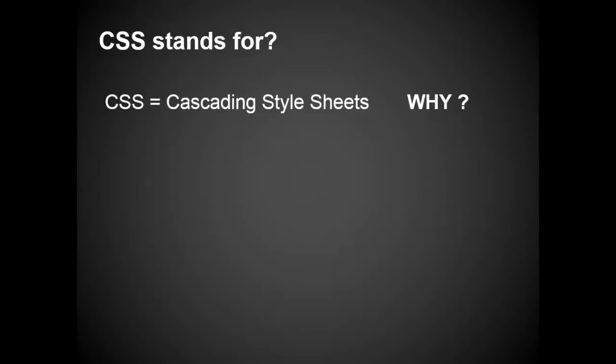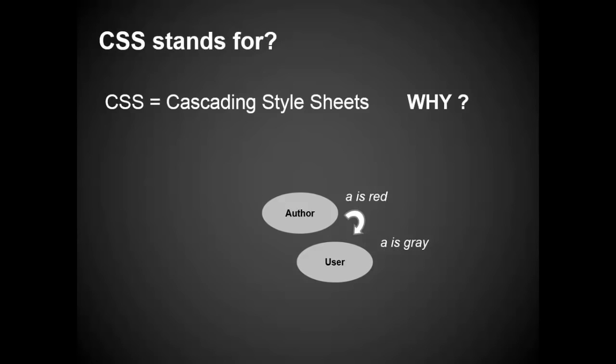First of all, we are going to see that there are three different types of style sheets. There is the author style sheet, which is actually the style sheet that we create when we are doing our projects. So imagine this example, we are defining that the links are going to be red. Then there is the user style sheet.